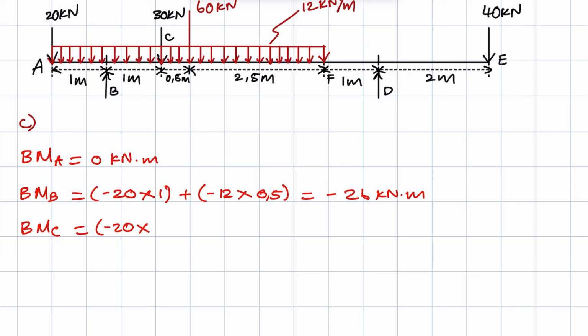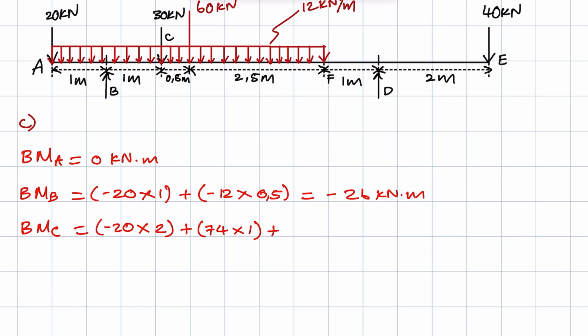The distance from 20 to point C is equal to 2 meters, right? And then we have the reaction at B, right? Remember, the reaction at B was equal to 74. So we have the 74 is positive because it's headed upwards, times the distance between B and C, which is equal to 1.